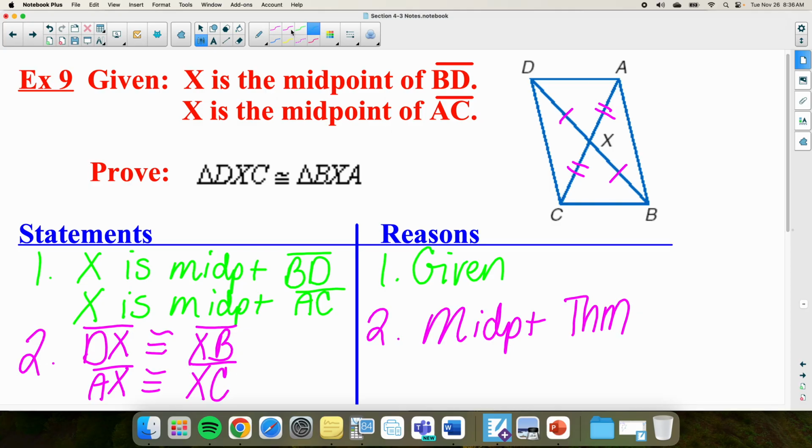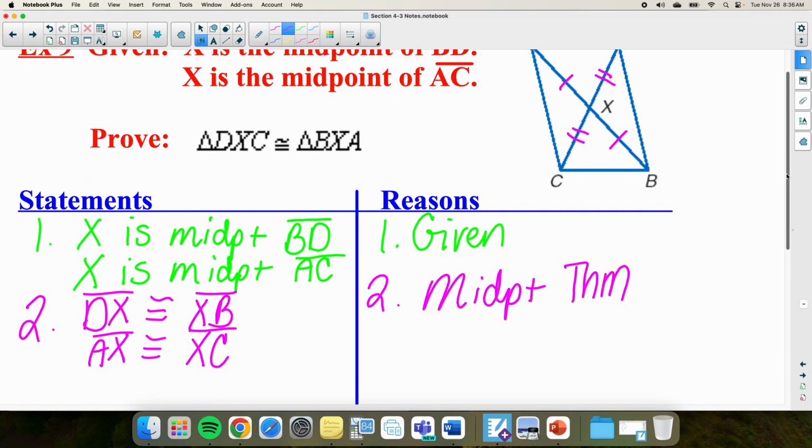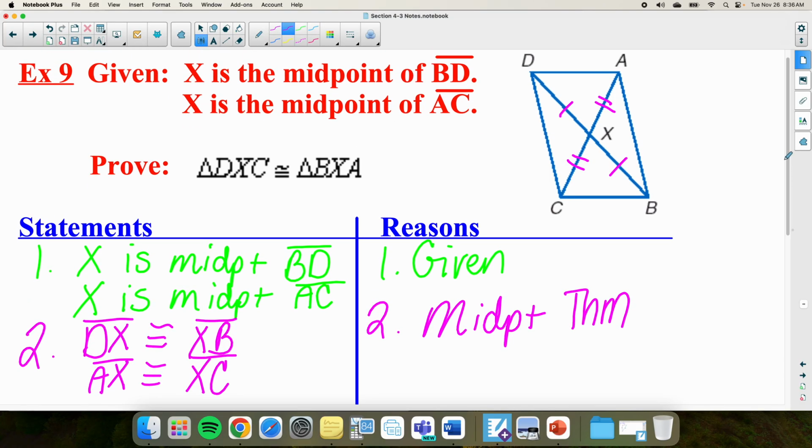Now, they're asking us to prove, and you can kind of cheat on this one. It tells you which triangles we're wanting to prove. We're wanting to prove that these two are congruent. Okay? Do you guys see something else that's congruent there? The vertical angles again, very good.